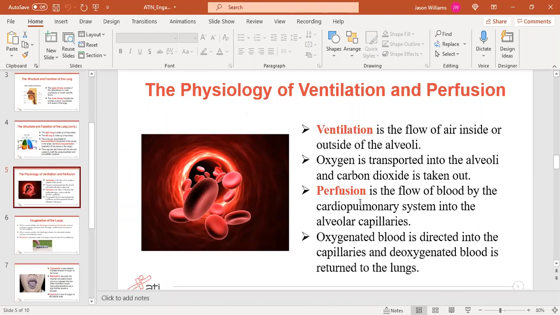Oxygen is transported into the alveoli and carbon dioxide is taken out. Perfusion is the flow of blood by the cardiopulmonary system into the alveolar capillaries. Oxygenated blood is directed into the capillaries and deoxygenated blood is returned to the lungs. And what would happen if tissue perfusion is not occurring?